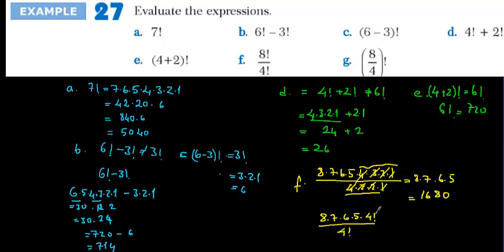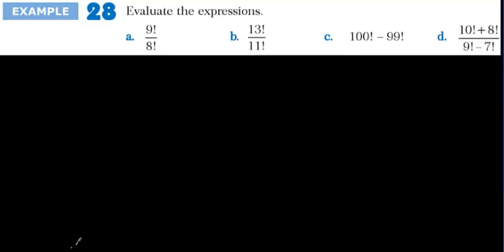Then I cancel the 4 factorials together, and the answer again is equal to 8 times 7 times 6 times 5, which is 1680 again.